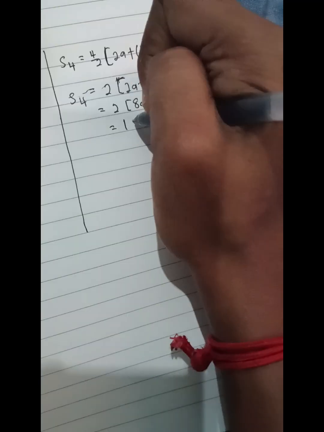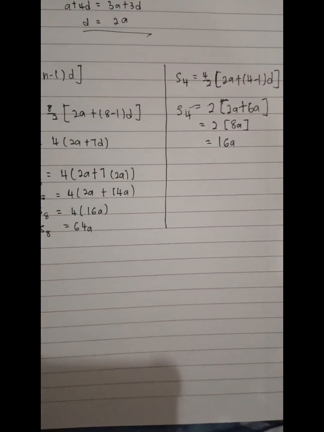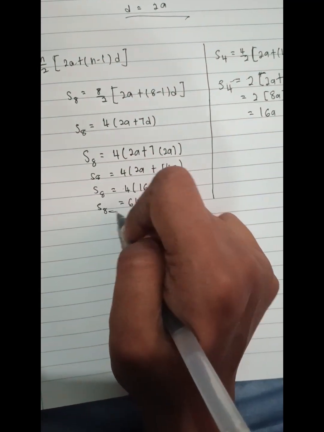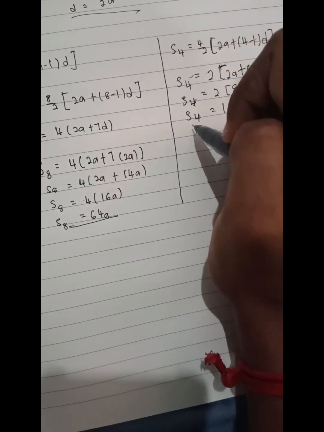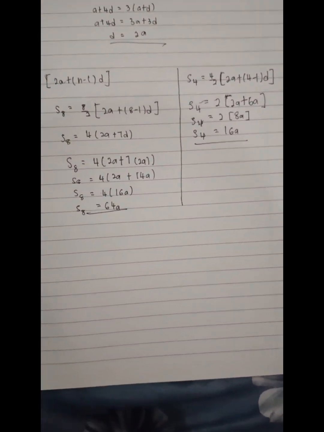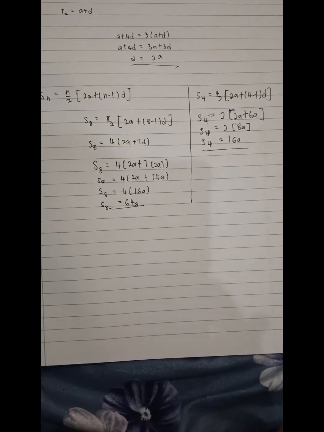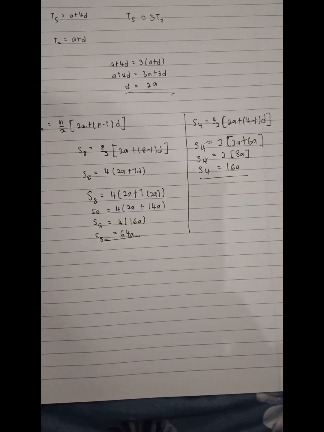So equals 16a. So we found the sum of the 8 terms and the sum of the first 4 terms. Step 4, we have to show the required relationship.